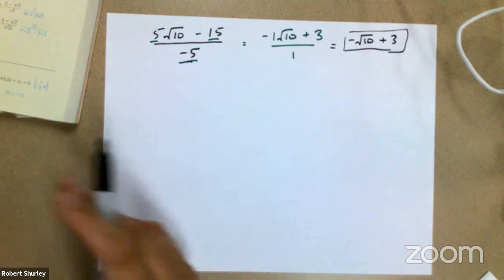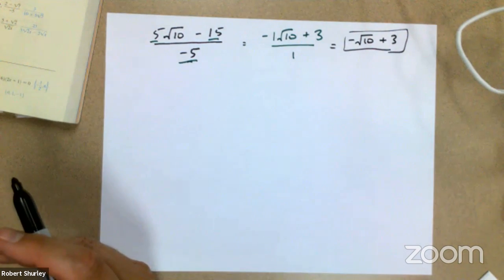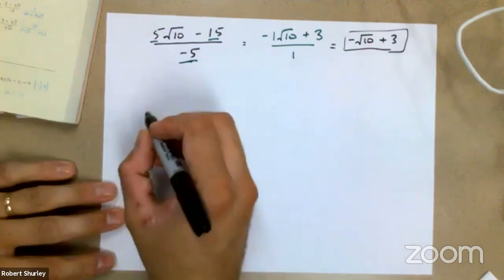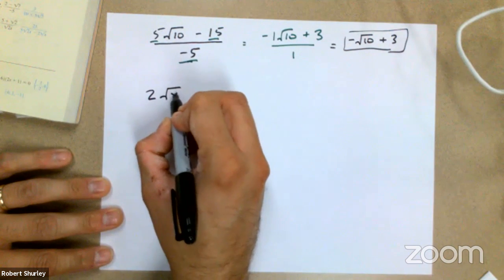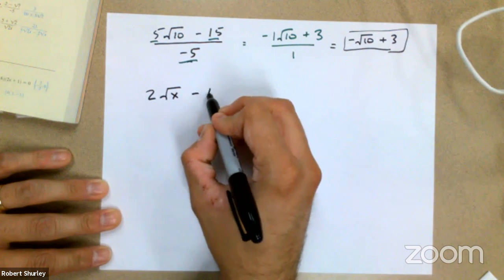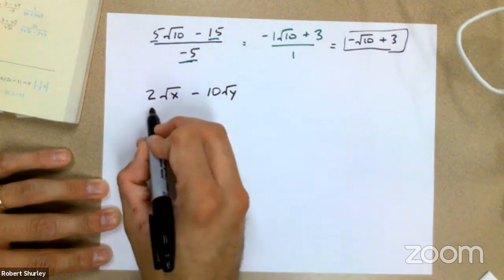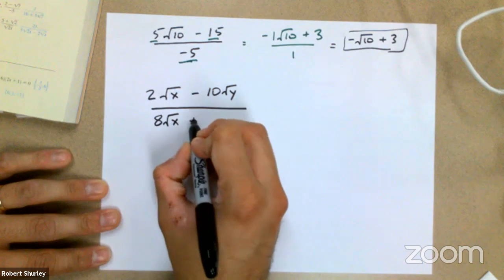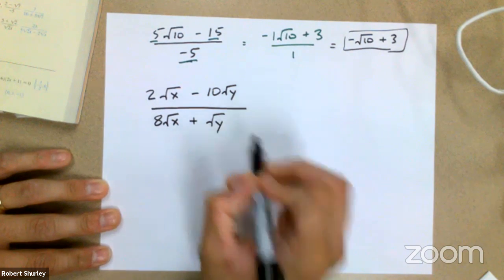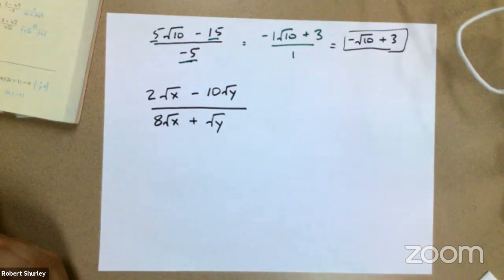If you have 4 terms, you've got to make sure that something divides in completely into all 4 terms. So if we had, let's say, 2 square root of x minus 10 square root of y over 8 square root of x plus square root of y.